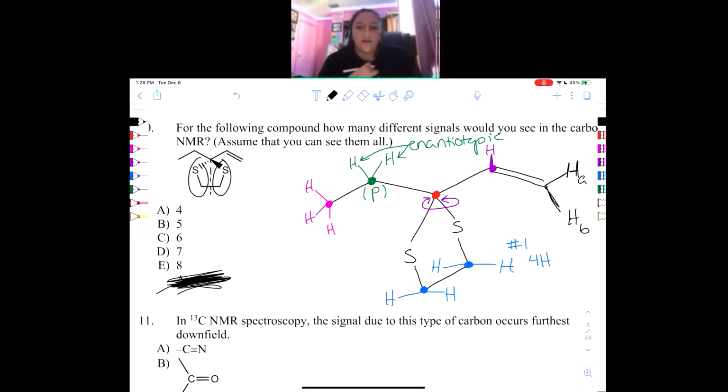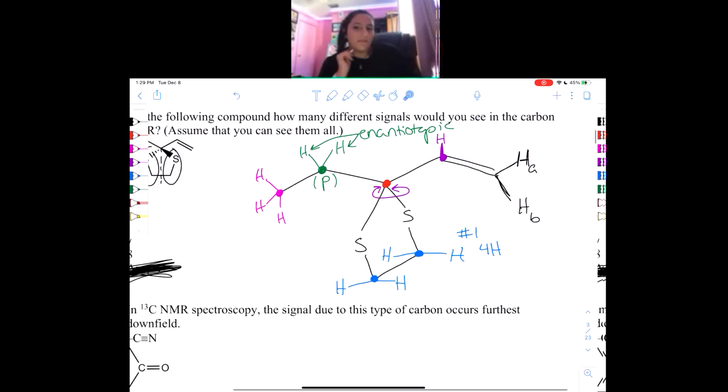HA and HB are on the same carbon of the double bond, and that double bond has two unique groups on the other side. So what is the relationship between A and B? Yes, they are diastereotopic. Awesome.